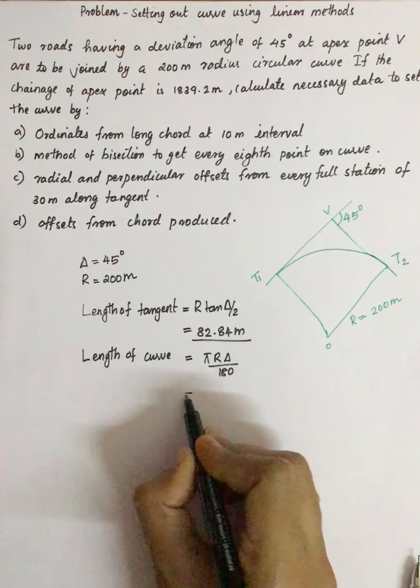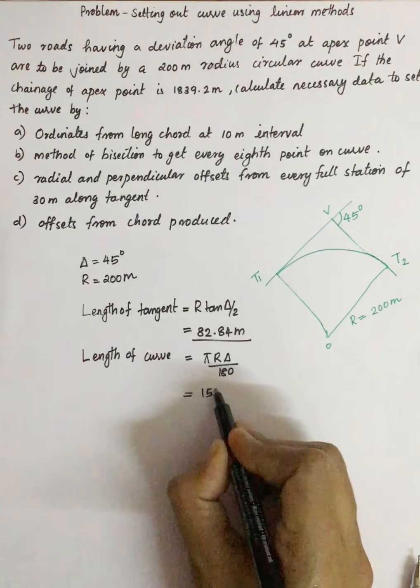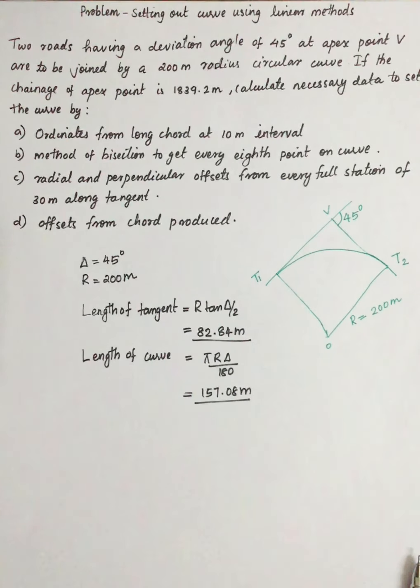When you substitute the values, you will get 157.08 meters. Okay, hope it's clear to you, both length of the tangent and length of the curve.